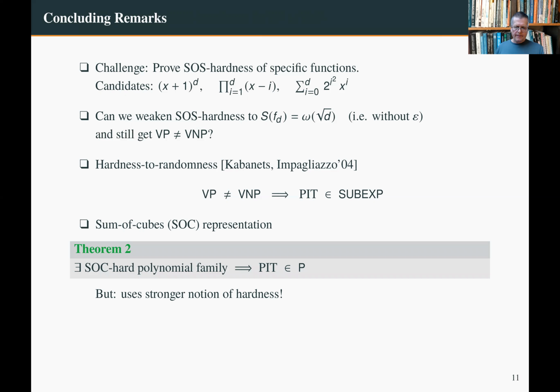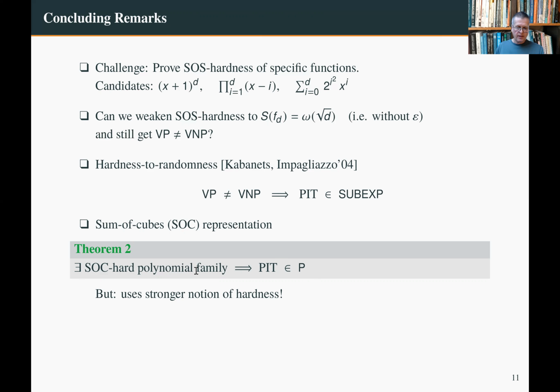And what we can show is that when we consider sum of cube representation, we get a similar theorem to theorem 1. So we can show that when there exists a sum of cube hard polynomial family, then one can completely derandomize polynomial identity testing.